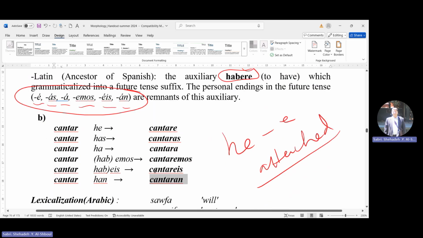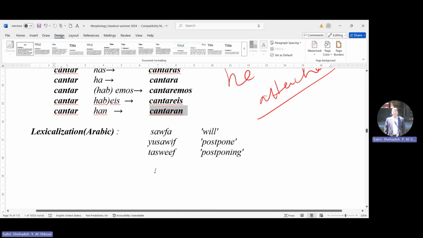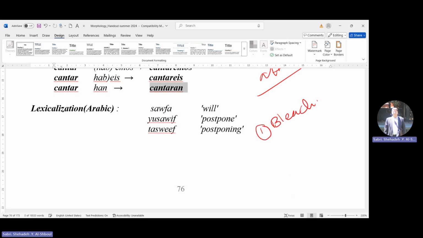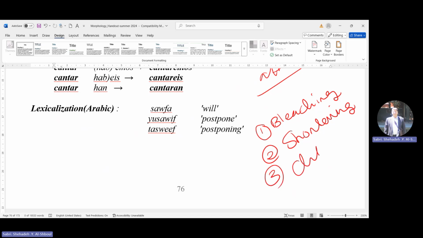So here we notice that we have different processes. The first one is, let's say, bleaching or desemanticization. Two, we have shortening, right? And finally, we have cliticization.